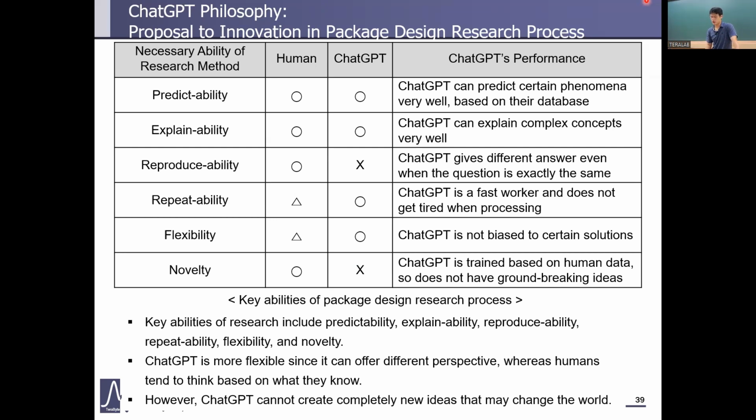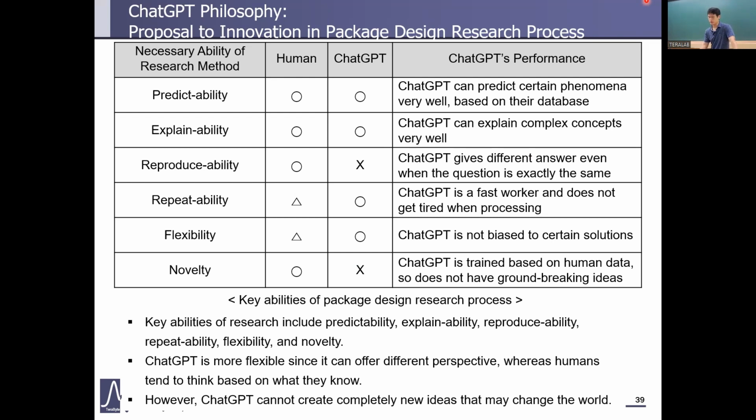And flexibility, which is a little connected to reproducibility here. ChatGPT gives a different answer every time, so in other words, it's kind of flexible. Humans tend to get biased toward certain solutions because they have limited knowledge. But since ChatGPT has a little more knowledge than most humans, it's not really biased toward certain solutions.